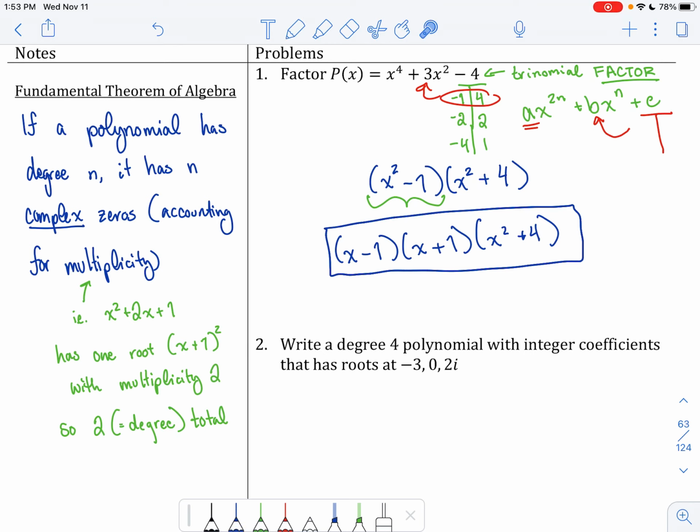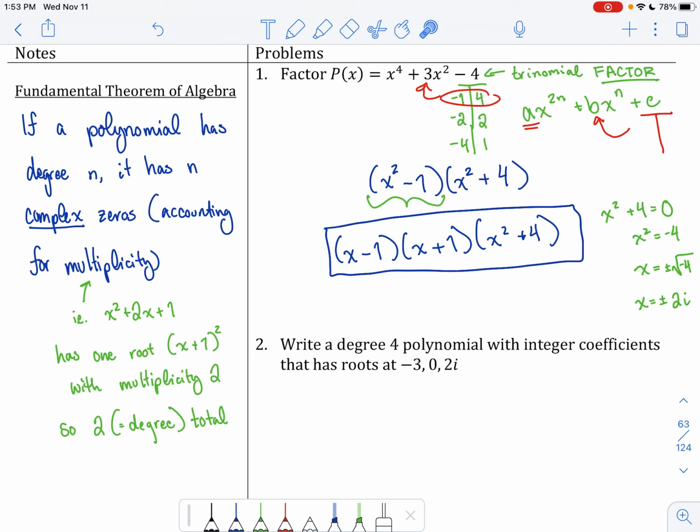And its roots would be 1, -1, and then if I wanted to solve for the roots here, we would say x squared plus 4 is equal to 0. x squared is equal to -4. So x is equal to plus or minus the square root of -4, which we would also call plus or minus 2i. So there's your 4 roots: 1, -1, 2i, -2i.